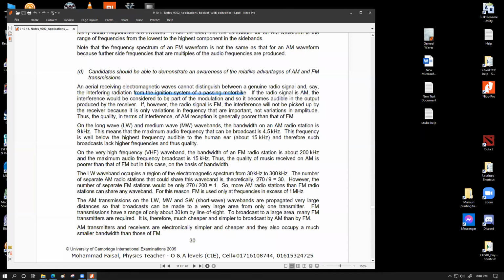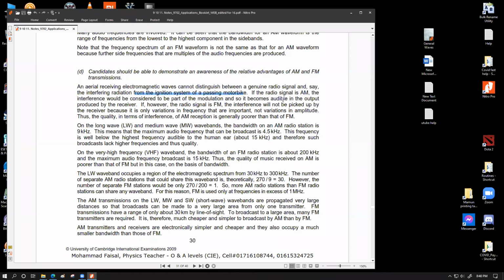And all of those individual variations would get added to the modulated wave. And when it is received by the receiving antenna, that antenna would not be able to distinguish which was the actual sound coming from the transmitter and which is the actual noise that got added within the communication channel.